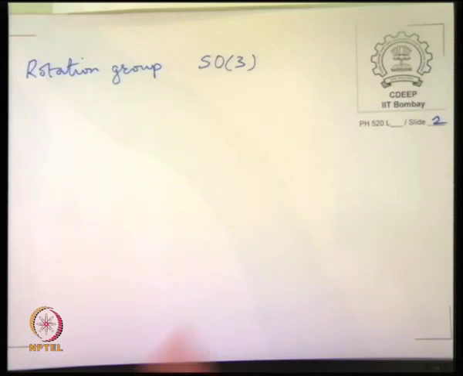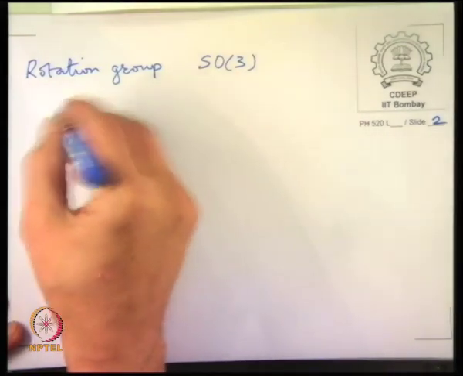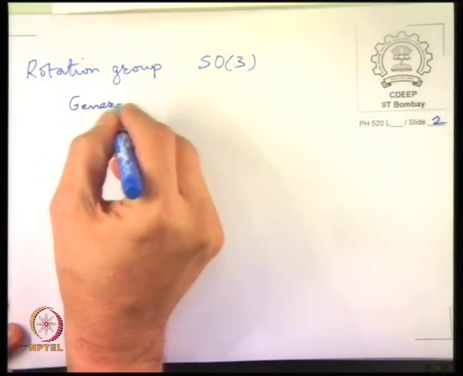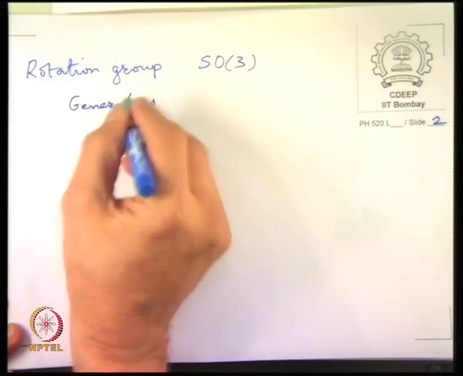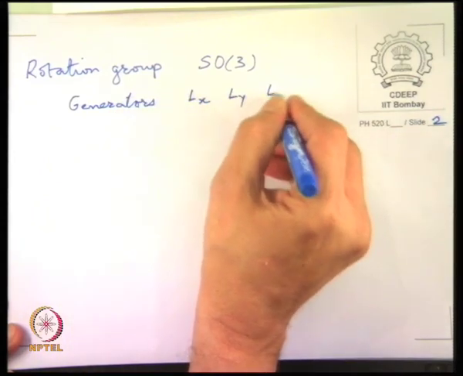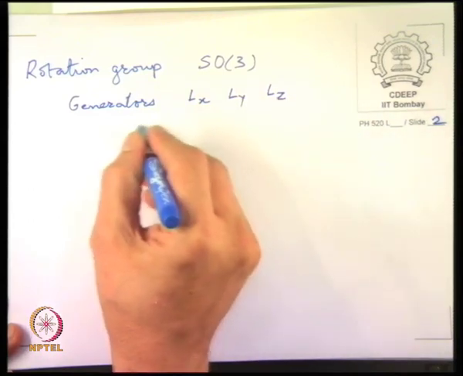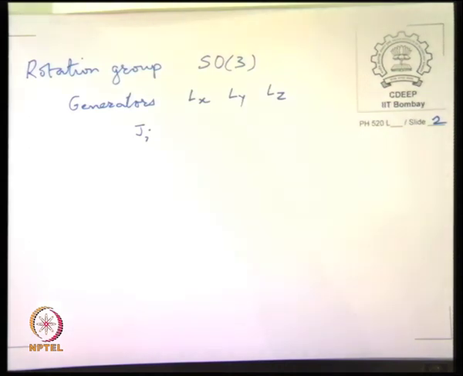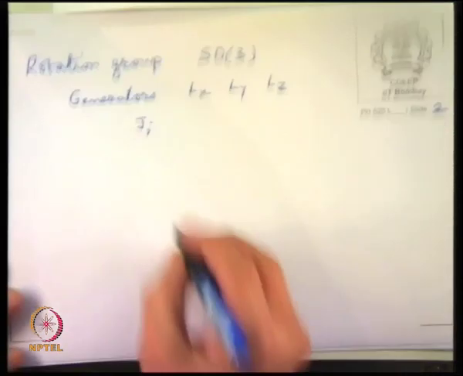And so here we worked out the generators Lx, Ly, Lz, but then we said that we will define Ji, the complex notation, to be i times these.